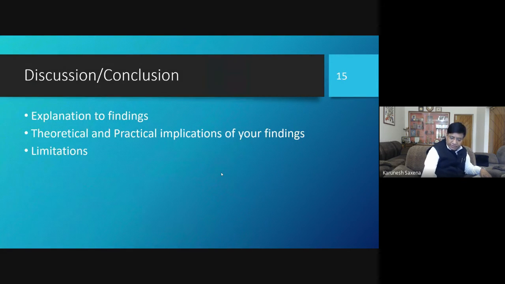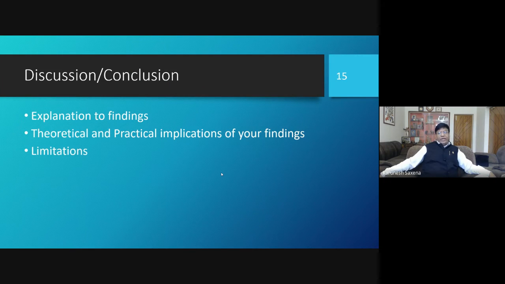Then we come to nearly the last section, that is discussion and conclusion. In science research papers, we find a separate section on discussion, because they try to correlate their findings with the findings of other researchers and authors.